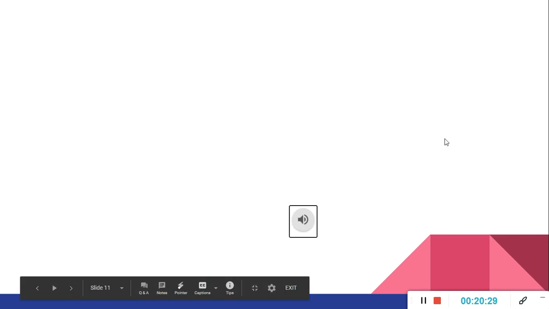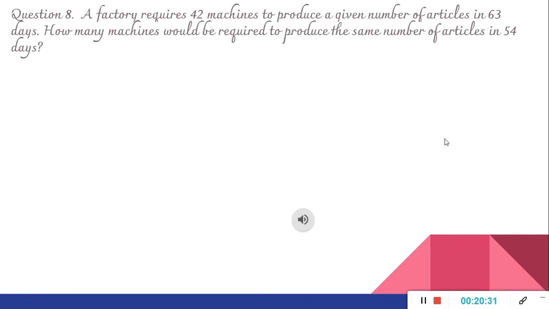Now question number 8. A factory requires 42 machines to produce a given number of articles in 63 days. How many machines would be required to produce the same number of articles in 54 days? So first let's see the table.